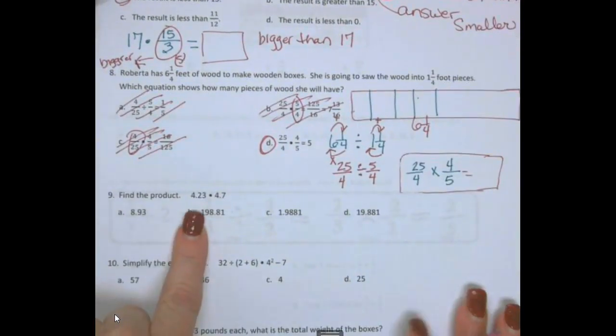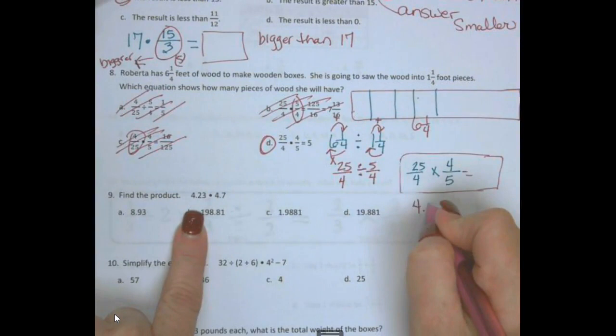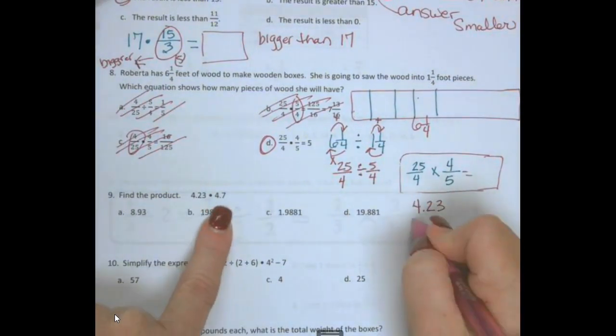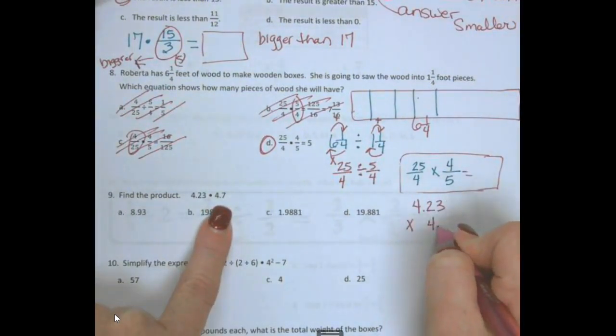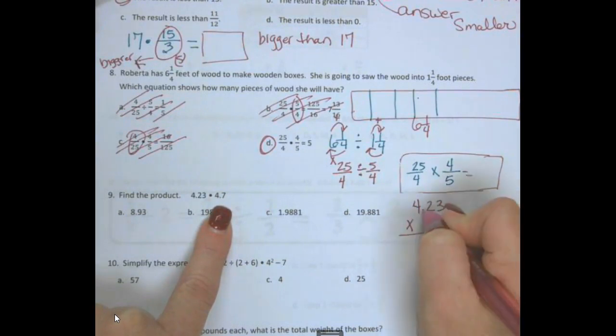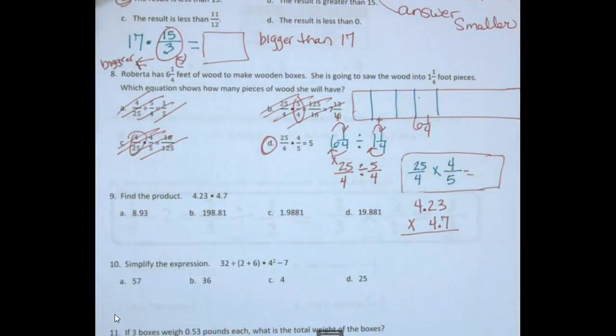So find the product. 4.23 times 4.7. Remember, when you are multiplying, you're lining numbers up, not decimals.